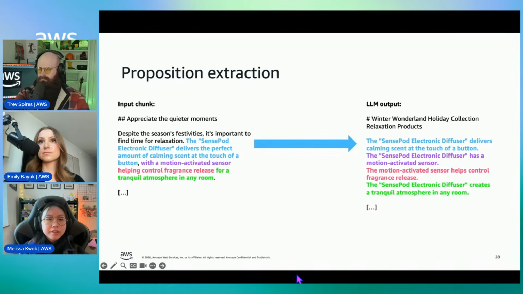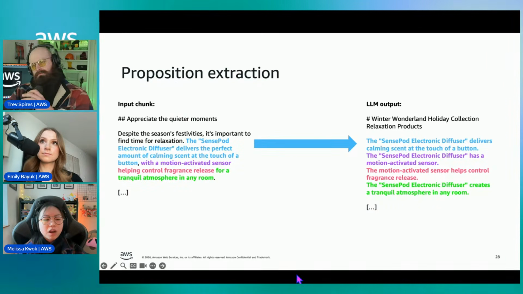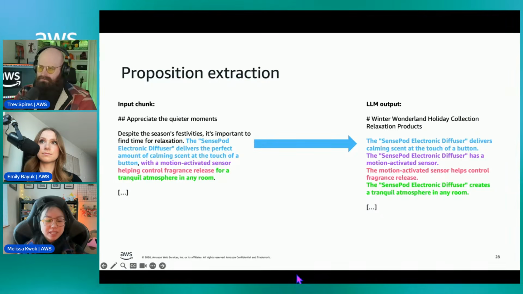The first call is proposition extraction. Propositions are general statements, a single sentence where you've got a noun and some relation between that noun and another noun, or an attribute related to that noun somehow.